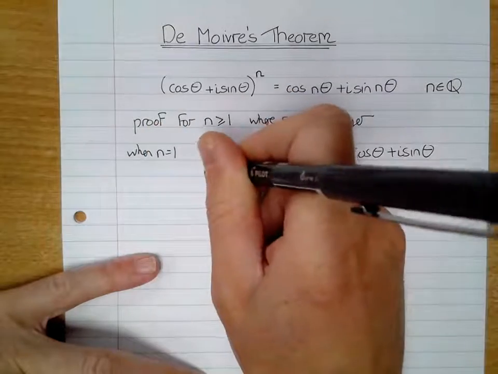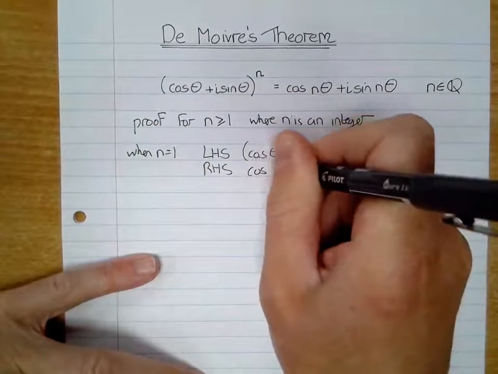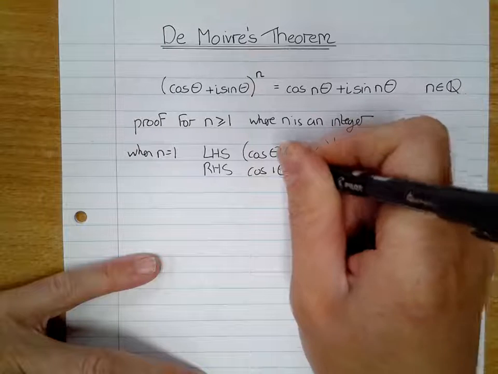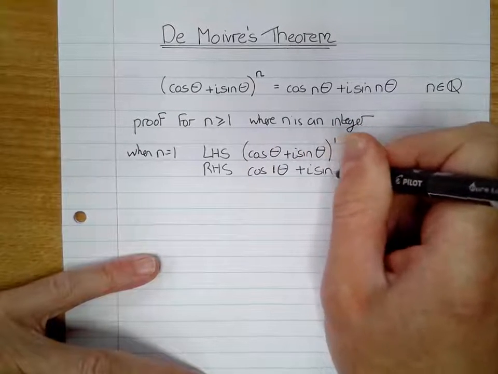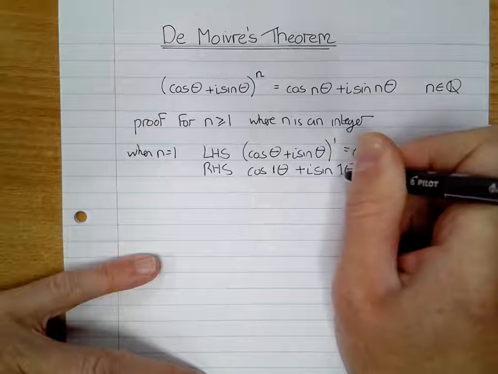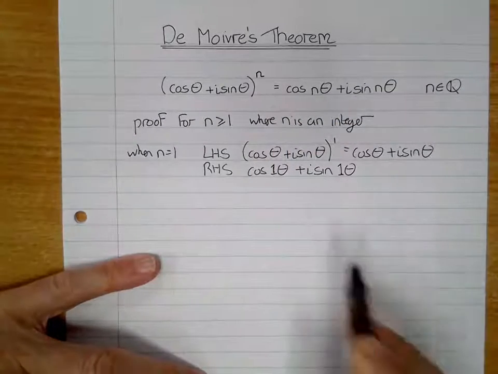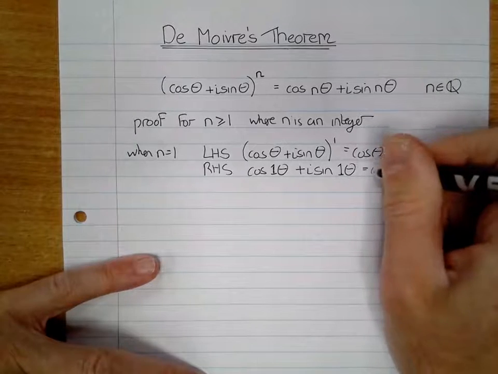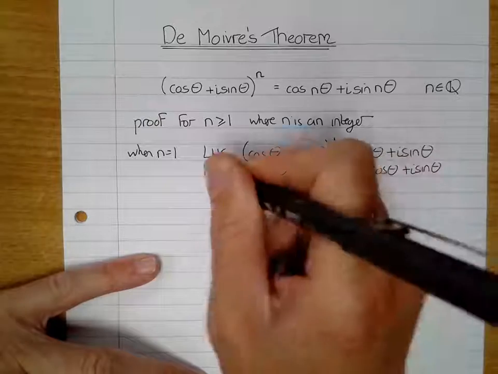The right hand side would be cos of 1 theta plus i sin of 1 theta. I just wanted to make it clear that I'm subbing into that formula, which is of course cos theta plus i sin theta.